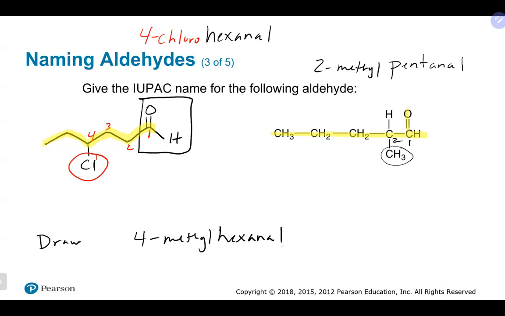All right, so drawing, we're going to do the same thing. So hexanal, we're going to go with 6 carbons. 1, 2, 3, 4, 5, 6. Now, because you're drawing it, I see al, which tells me it's an aldehyde. You could put it at either end, but I'll just put mine here.